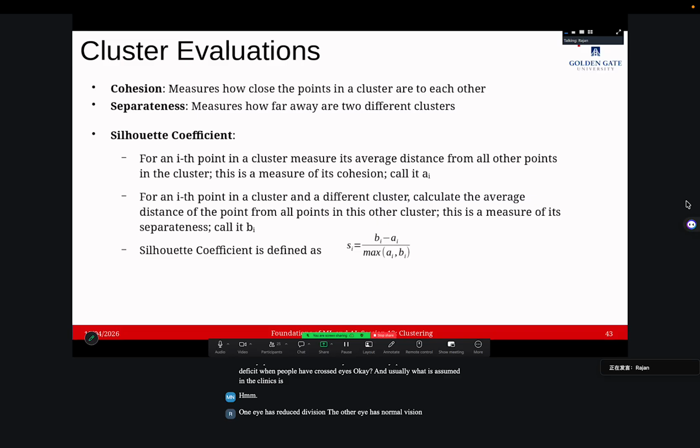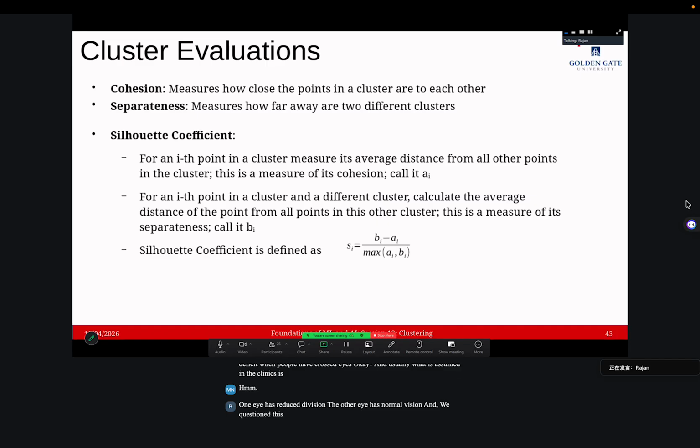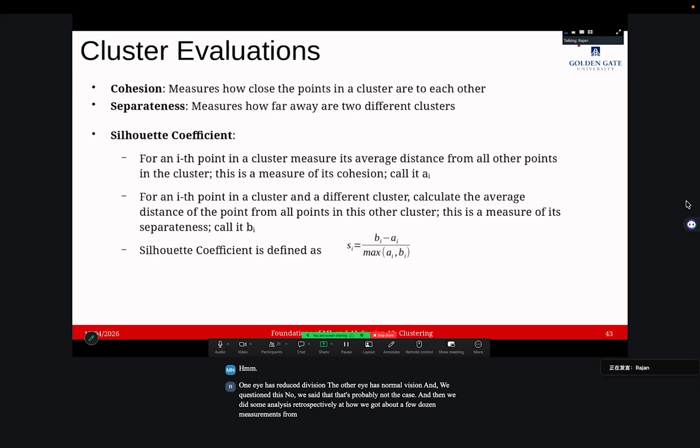And we questioned this. We said that's probably not the case. Then we did some analysis on retrospective data. We got about a few dozen measurements from the clinic, and got some wonderful results.